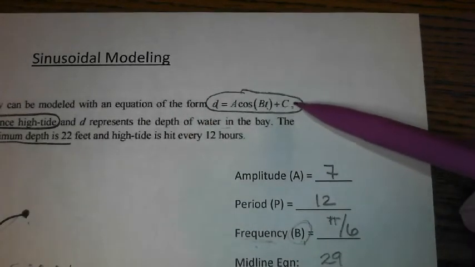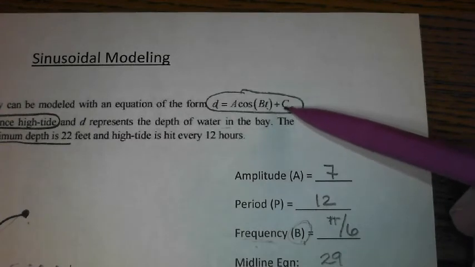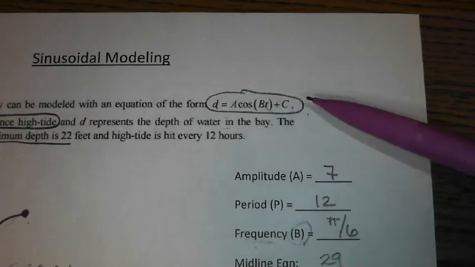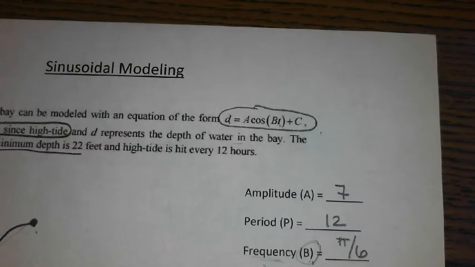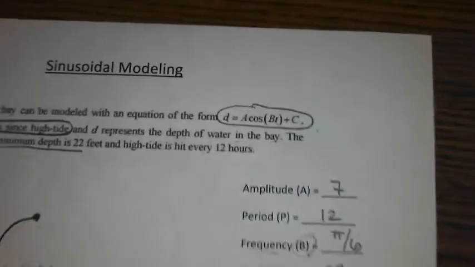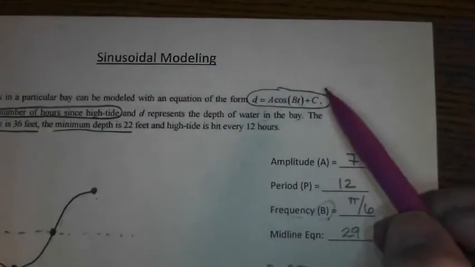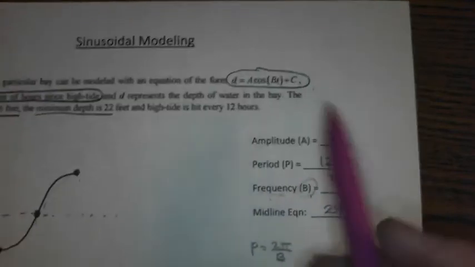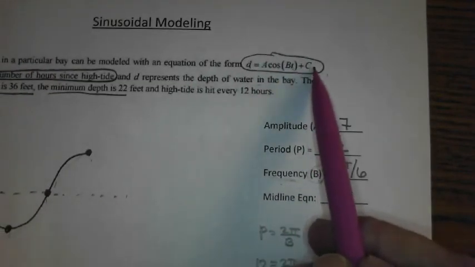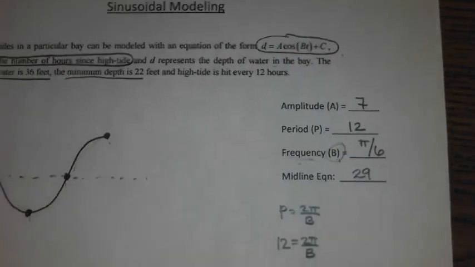So in the way they've written theirs, their midline is in the C spot versus when I do it with all of these transformations, mine is plus D. Do you follow? That's because they're taking the phase shift out of this. So just be wary that really C and D can be different, but know that this plus whatever at the very end is your midline.